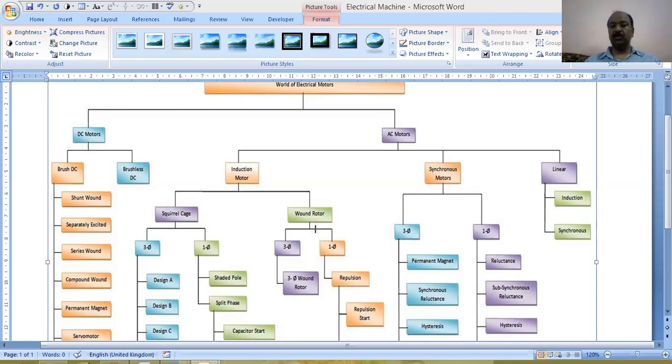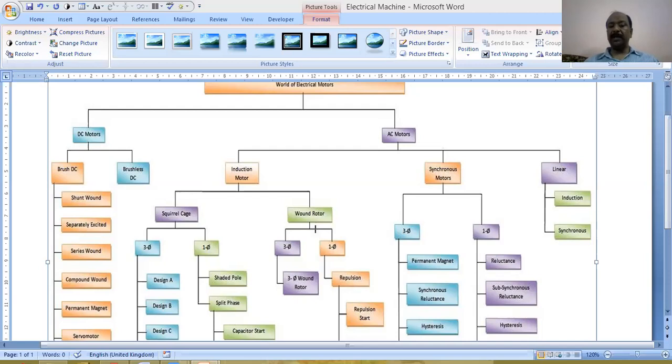All these machines are associated with the application. Accordingly, we have to meet the combination within the machine, what type of combination is applicable to operate this type of motor.